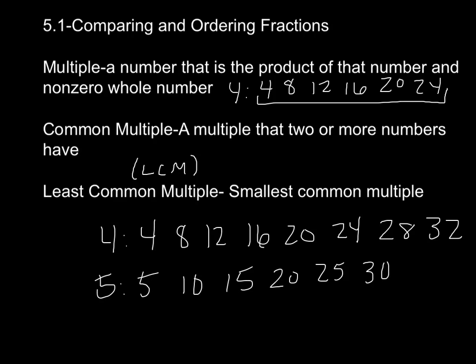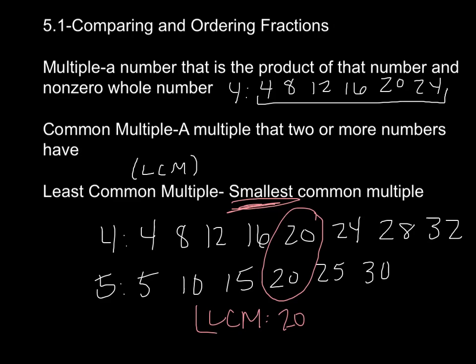Now I have to say which ones they have in common. Well, they both have a 20, and that's really the only one that I see. Then we have to say, is that the smallest one that they have in common? It is, because 4, 8, 12, 16, 5 doesn't have any of those. So our LCM would be 20 in this case. That is how you would write it. LCM equals 20. Put a box around it.